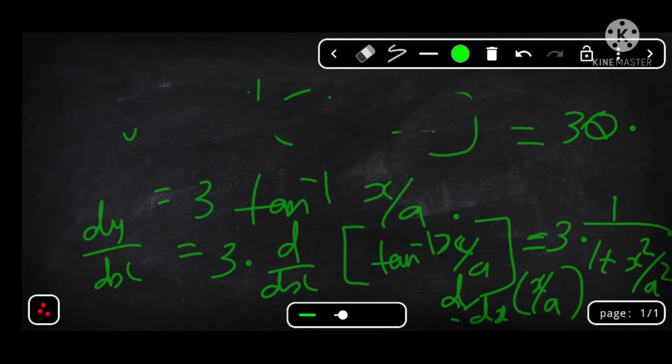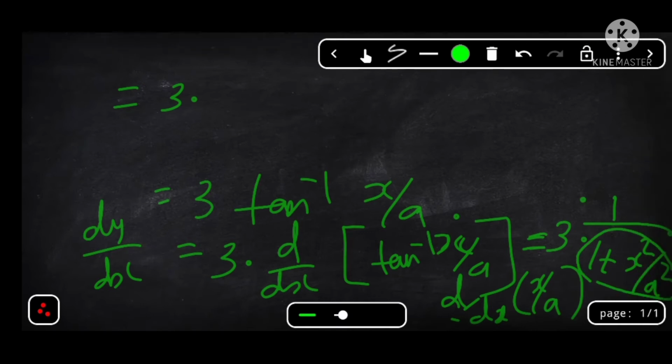So what will be the answer? Equal to 3 into, so if we just do the cross multiplication, we have learned cross multiplication, right? So I hope I can just write the direct answer, into d by dx of x by a will be 1 by a, because 1 by a will be the constant, and d by dx of x is 1.